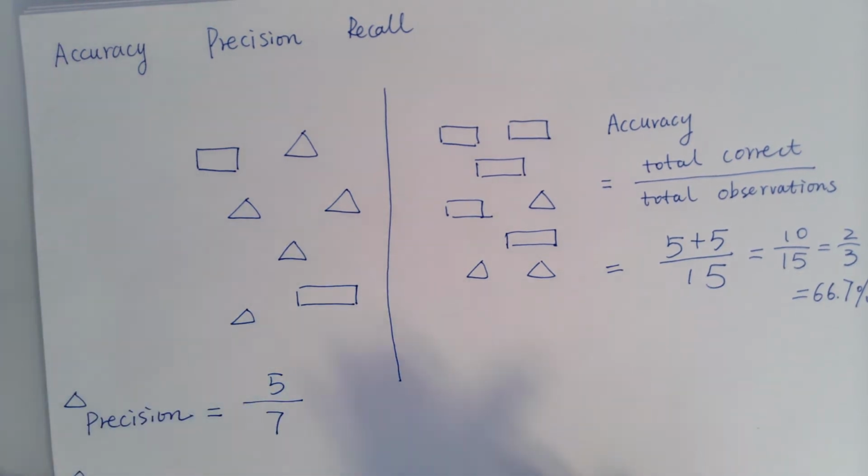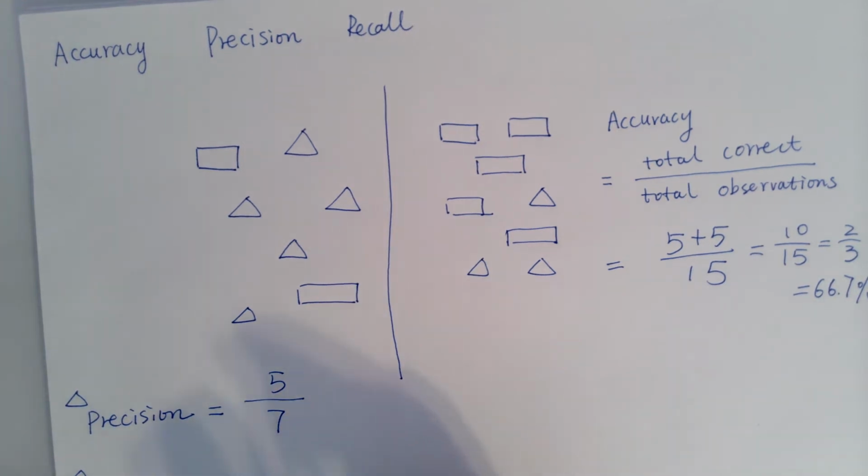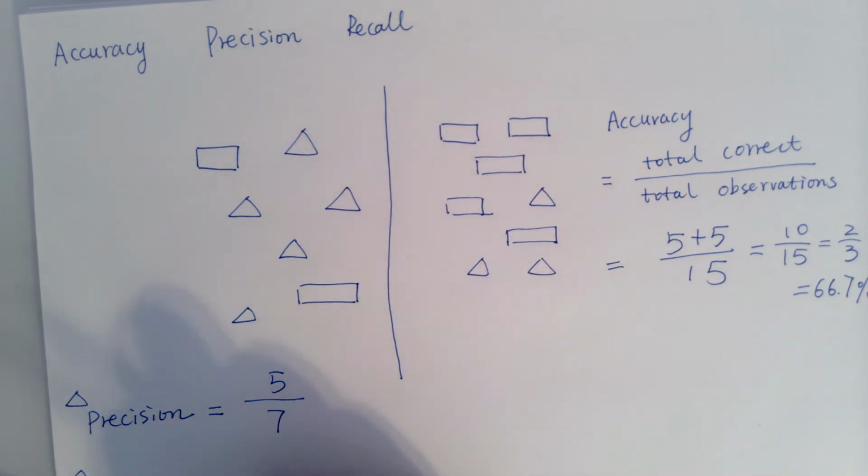But how do we calculate the recall for the triangle? The meaning of recall is: out of all the instances of this class, or all the observations in this class, how many did this model identify? We have 1, 2, 3, 4, 5, 6, 7, 8, so 8 triangles in this data set.